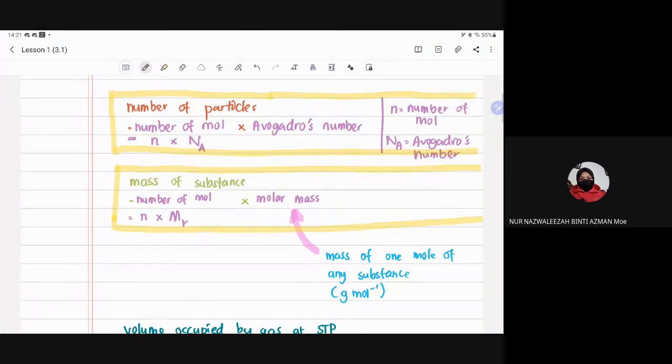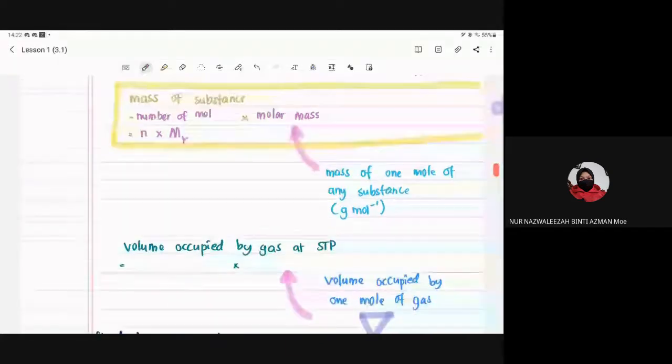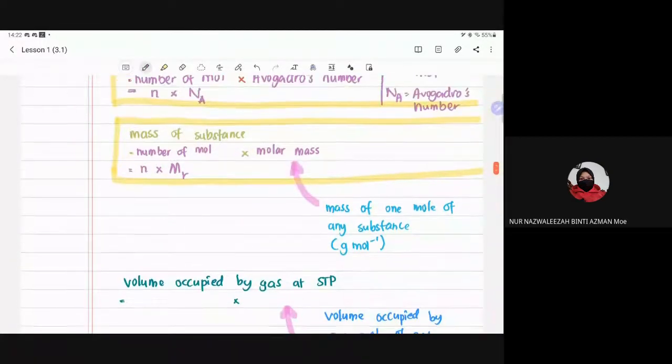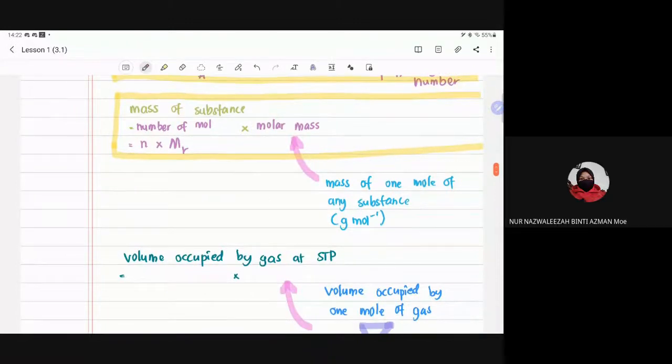If I say nitrogen, the molar mass of nitrogen is 14. Therefore, 1 mole of nitrogen always contains 14 grams of nitrogen. These are all the examples yang ada dekat dalam PowerPoint that you can have a look at later on. Okay, so I'm simplifying the teaching sebab saya nak fokus kepada calculation.